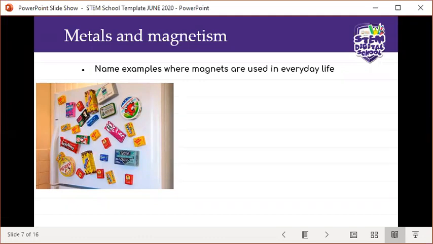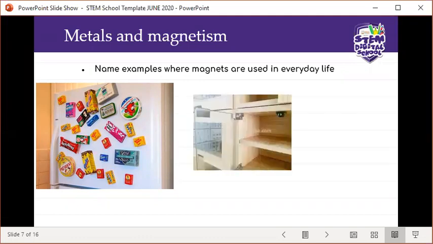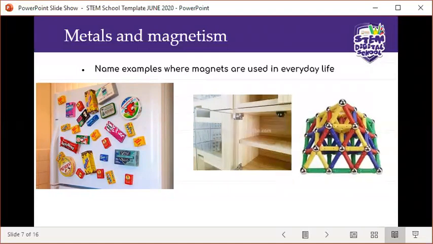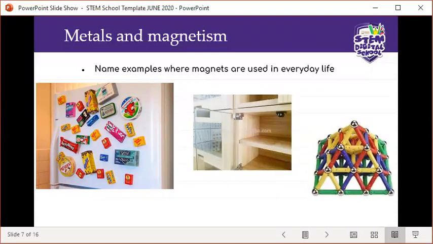And then we also have magnets on our cupboard doors. Some doors to the cupboards in the kitchen have magnets on them so that when you open them, they attract to each other and close. And then we also have magnet toys. I'm not sure how many of you have these magnet toys, but yes, they do exist.